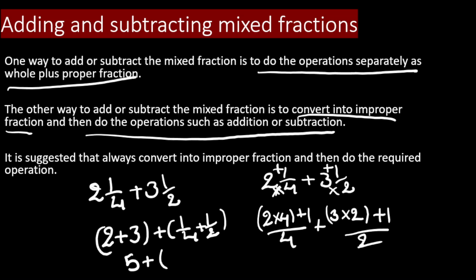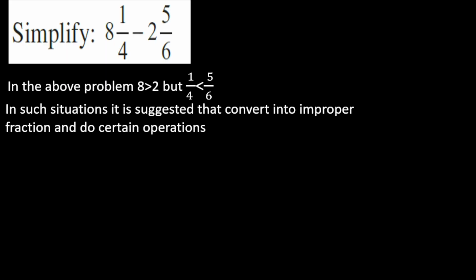But it is suggested to always convert into improper fractions and then do the operations, because in subtraction we can subtract a smaller value from a greater value. This is in the form of greater value minus smaller value.